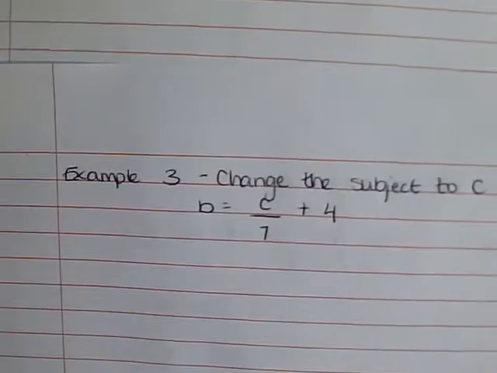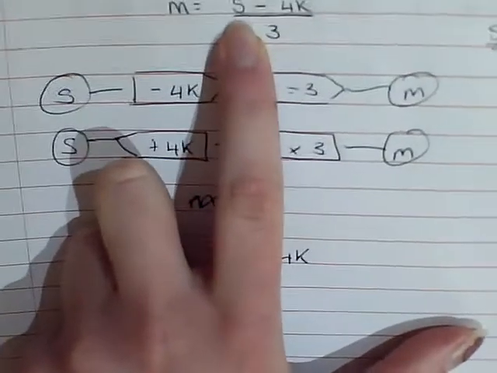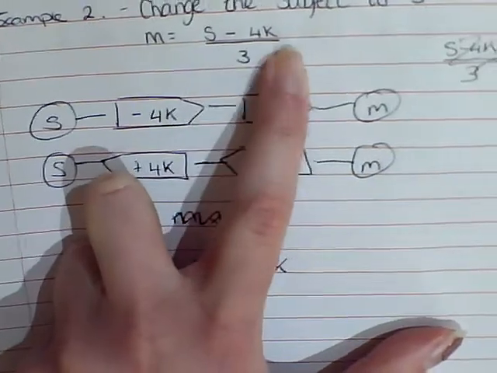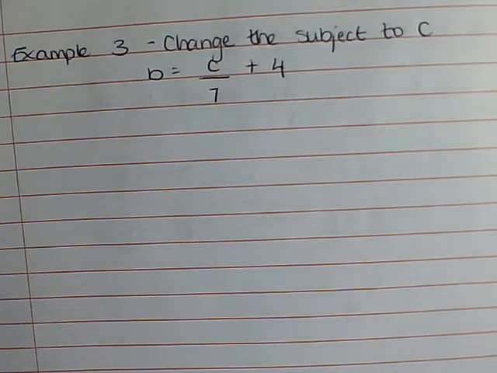This example looks very similar to the previous one. Notice though that this one, the whole thing is divided by 3. On this example it's just C that is divided by the 7, so just be careful, there is a difference.